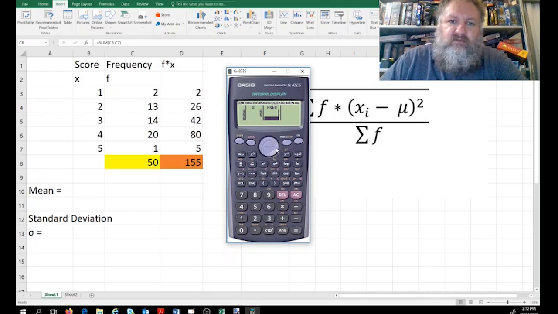So you move the cursor back over to the top, and we have 2 as our frequency of the 1. We got 13 as our frequency of the 2, 14, then 20, and then 1. Once we're done with that, it's in the calculator. We know it'll save that.